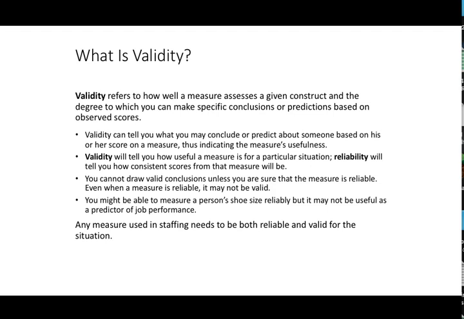So as it says at the bottom, any measure that we use in staffing not only has to be reliable, but it also has to have validity. It has to measure what we want it to measure reliably and correctly. It has to measure the construct that we want to measure, and it has to be useful in predicting the outcome that's important to us, which is job performance.